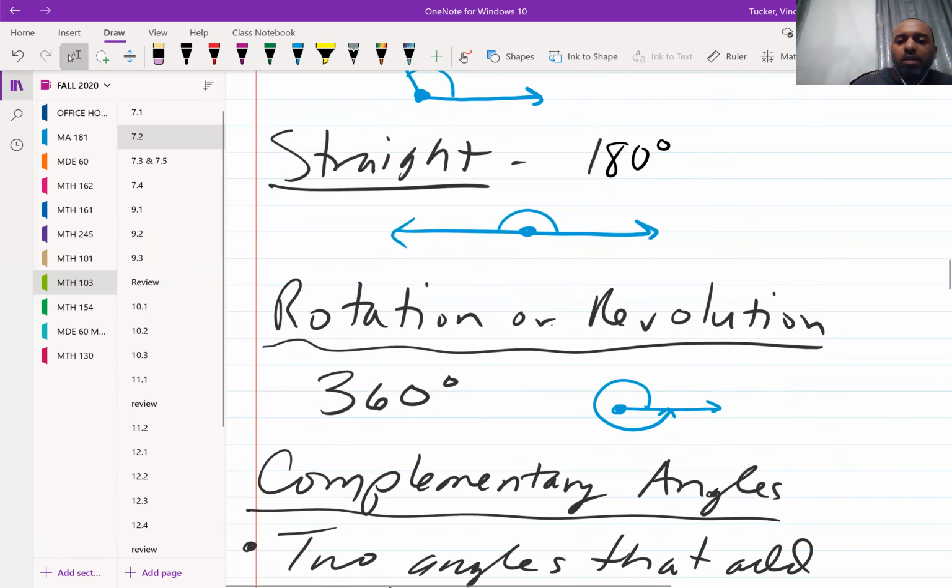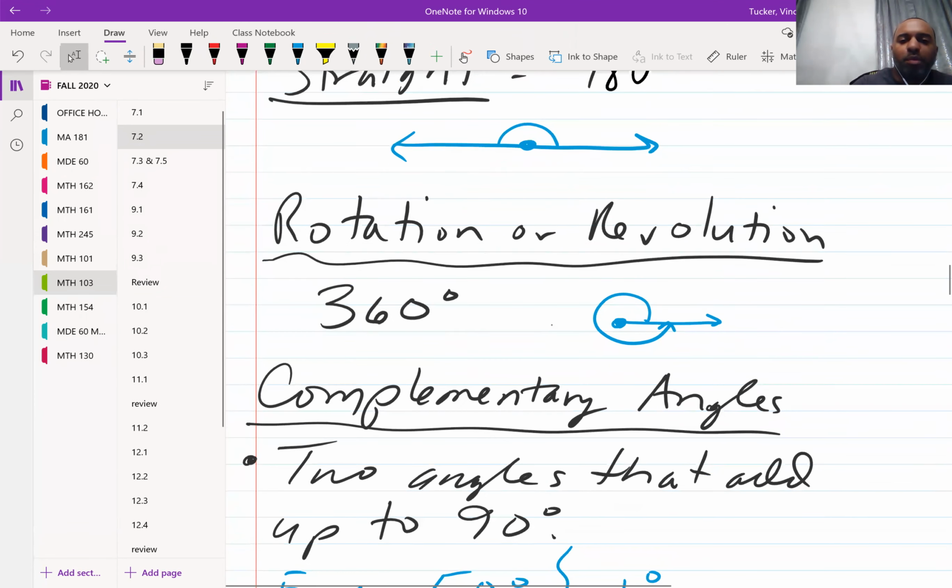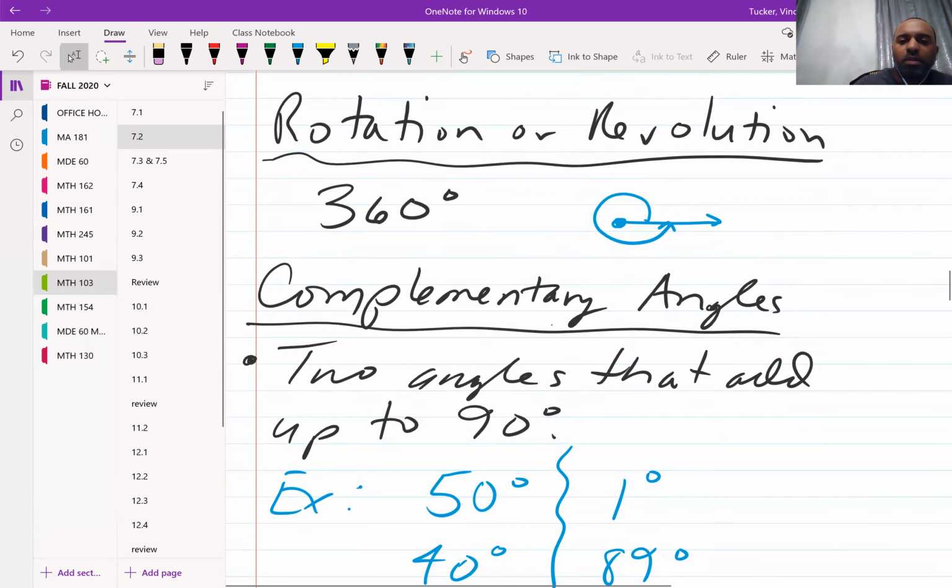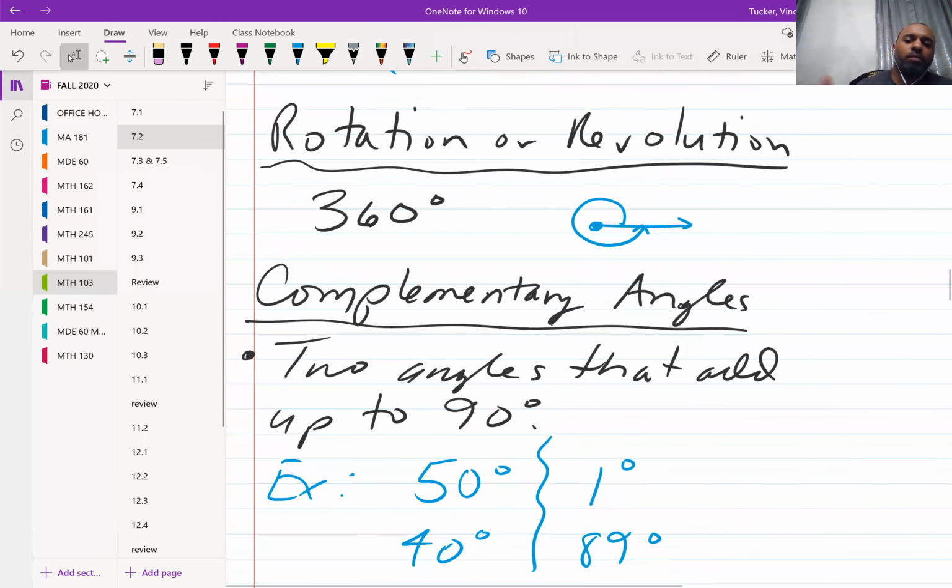All right, complementary angles are two angles that add up to 90 degrees. So 50 plus 40 gives you 90 degrees, so they're considered complementary. 1 and 89 gives you 90 degrees, so they are considered complementary as well.